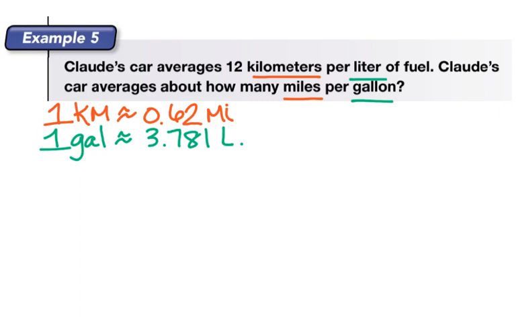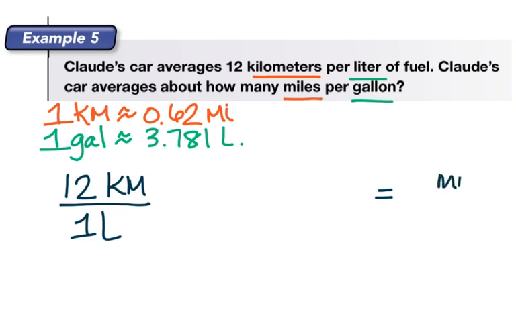If we know that his average is 12 kilometers per 1 liter, and we want to find out how many miles per gallon, remember this is per 1 gallon, then we can begin to set up our problem. Remember that this means we want to put our kilometer on the bottom here so that we can cross them out.